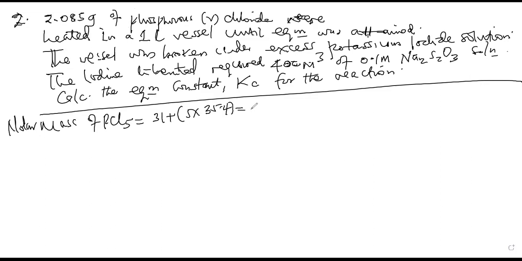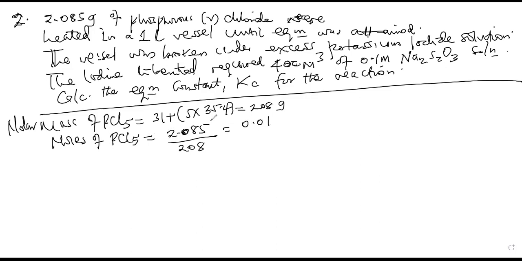So the molar mass is 208 grams. So this can give us the number of moles, which will equal mass, that is 2.085, over the molar mass, which is 208. So we shall get the number of moles as 0.01 moles.